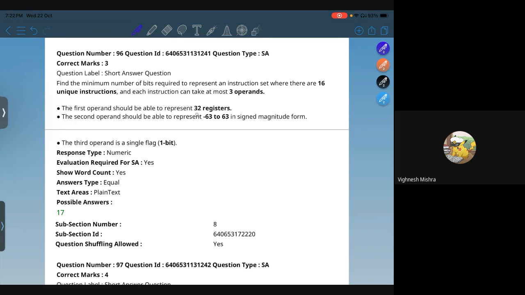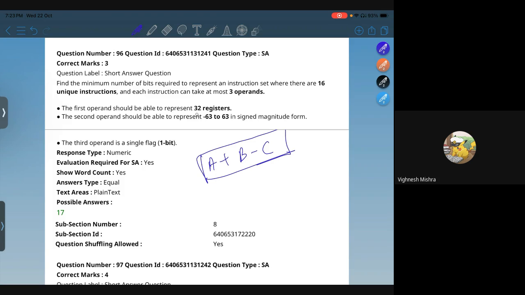Any idea? I remember there was something like this, but the exact thing doesn't come to my mind right now. What's this thing? Three operands means A plus B minus C, something like this.